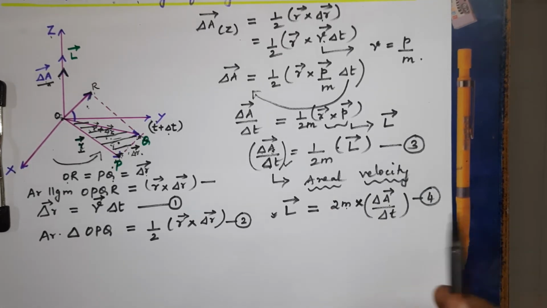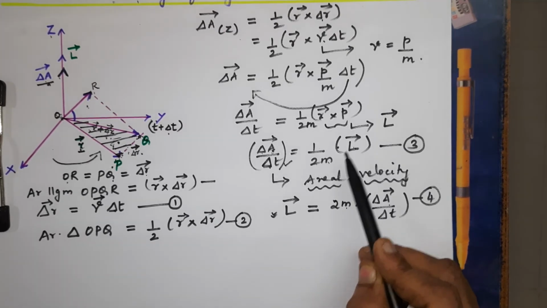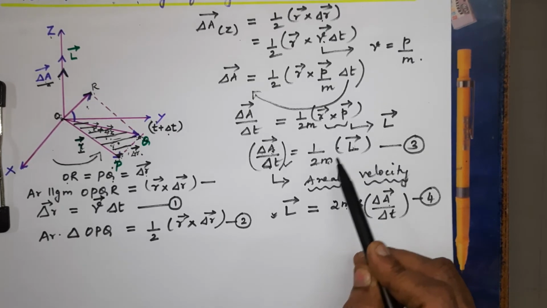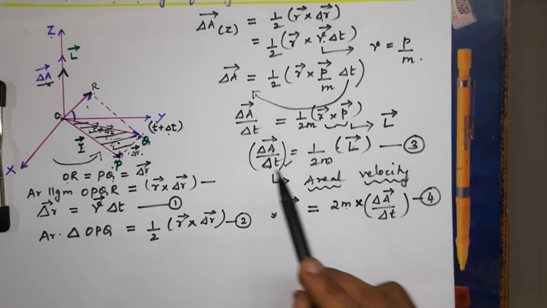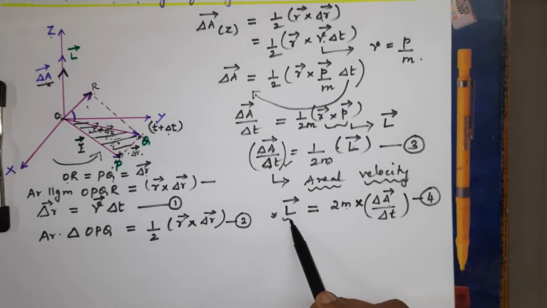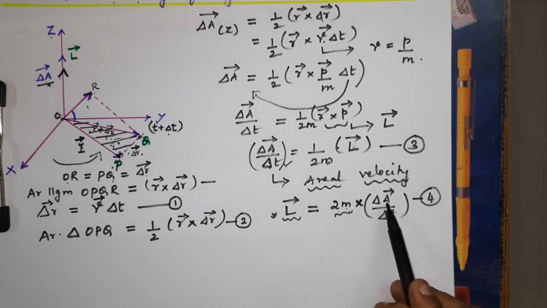And we can also say that it is half of the angular momentum per unit mass, 1 by 2 L upon m. Half of angular momentum per unit mass is nothing but areal velocity. Or we can also say the angular momentum can be written as 2 times the mass and the areal velocity.